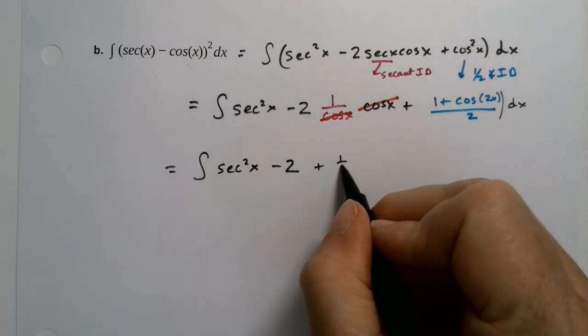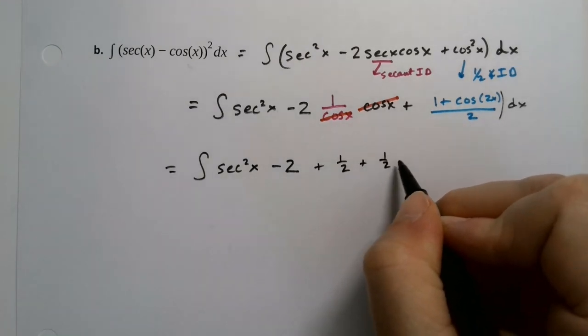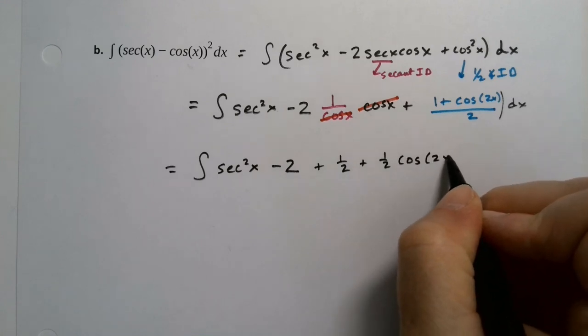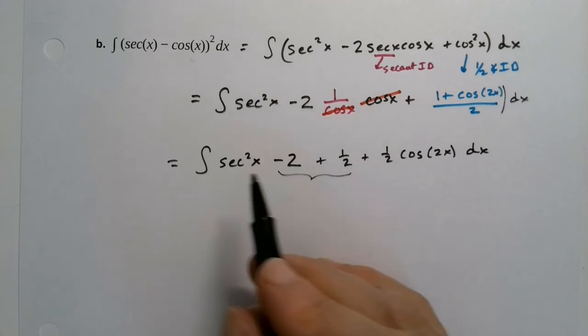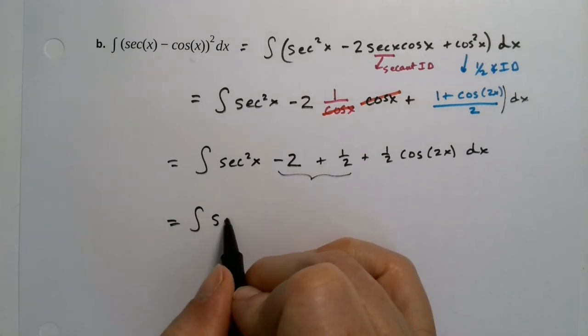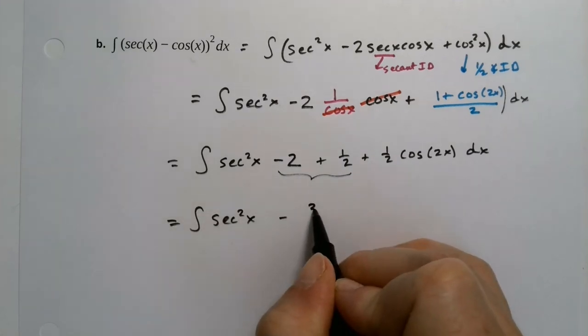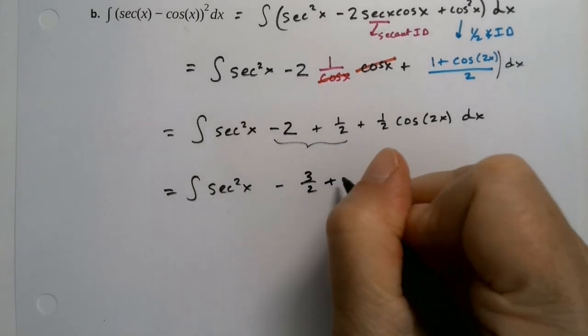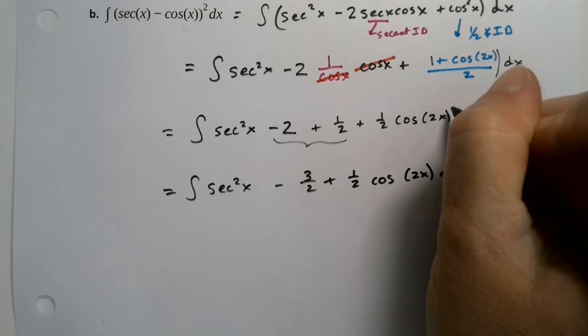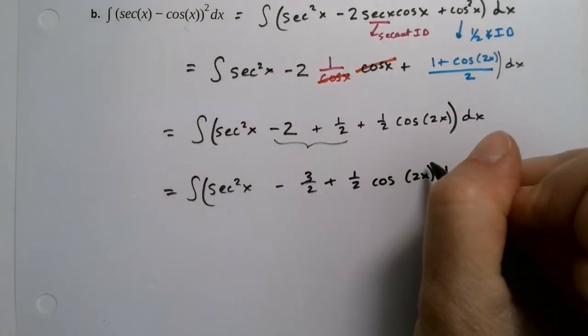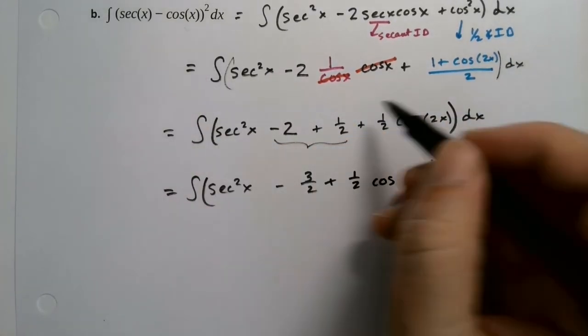So this is plus a half cosine of 2x. And then I could combine these two together. So this is the integral of secant squared of x minus 3/2 plus 1/2 cosine of 2x. All right, I think I'm finally ready to integrate this thing. It's taken a while, but I'm there.